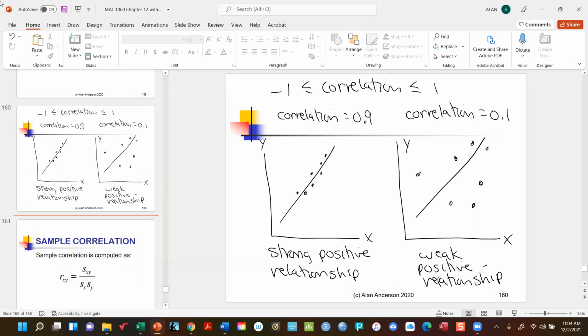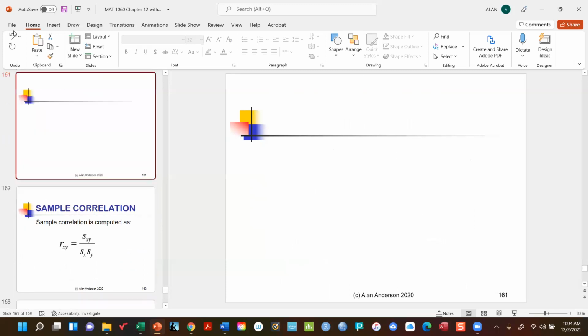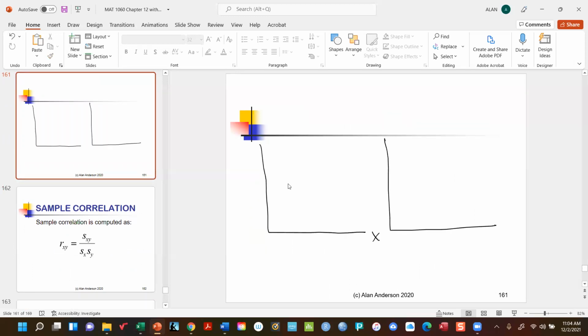All right, now what about the opposite cases, the negative cases? Well, it'll be very similar. A very strong negative relationship. Let's say in this case, the correlation is -0.8. Not perfect, but very close.